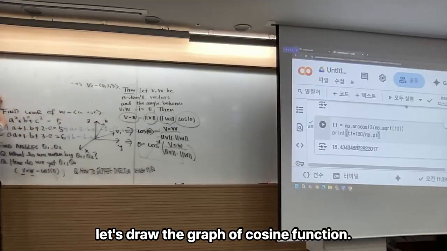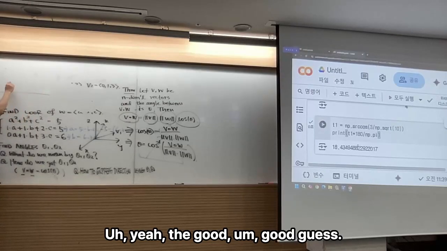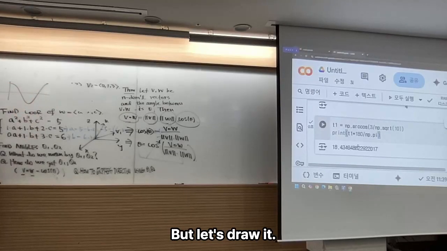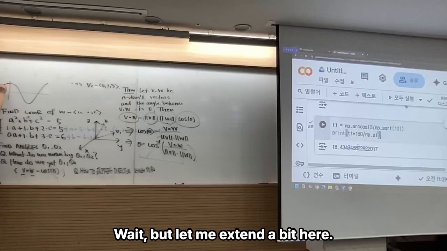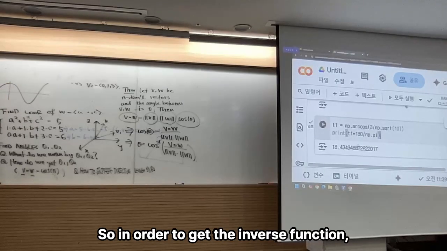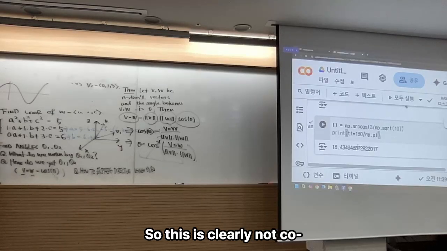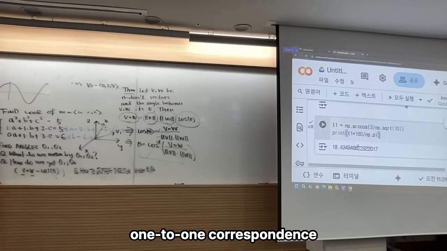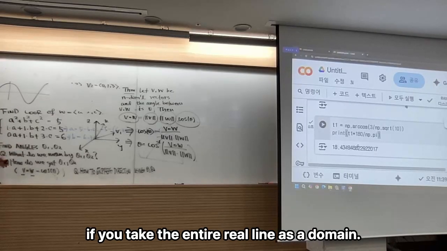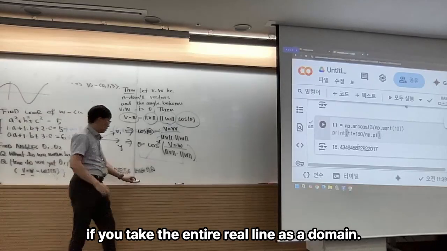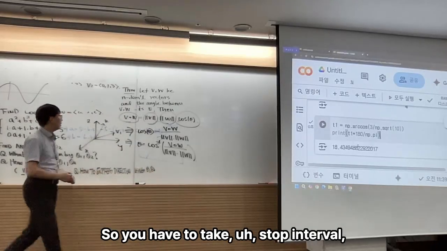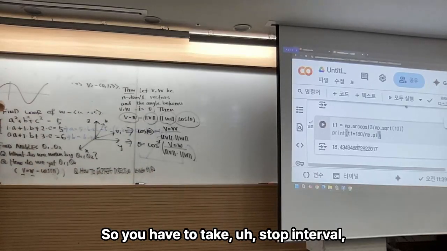So here we have cosine function. Let's draw the graph of cosine function. Yeah, a good guess, but let's draw it that way. But let me extend a bit here. So in order to get the inverse function, you need to have one-to-one correspondence. So this is clearly not one-to-one if you take the entire real line as a domain. So you have to take a subinterval.